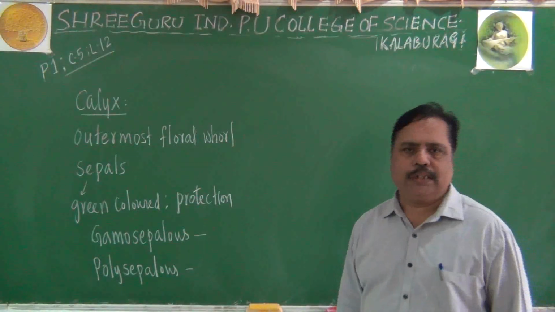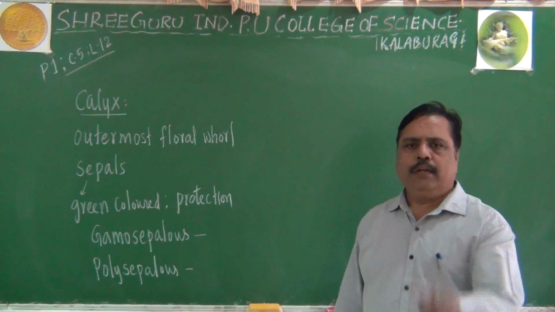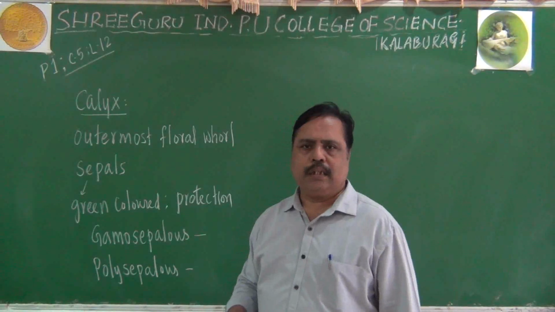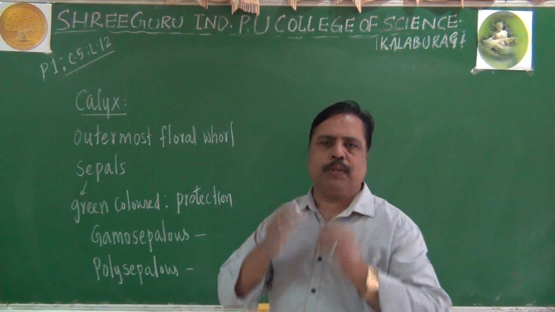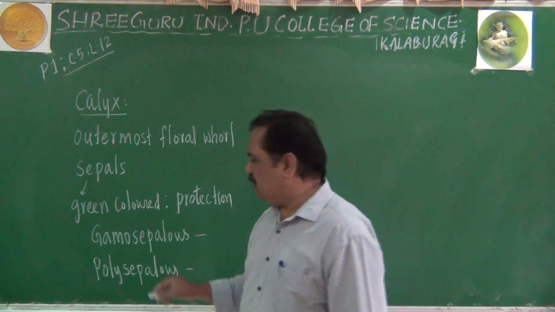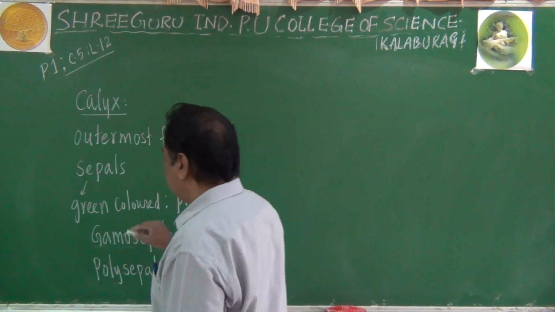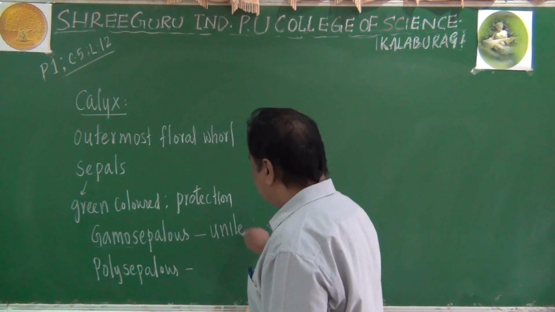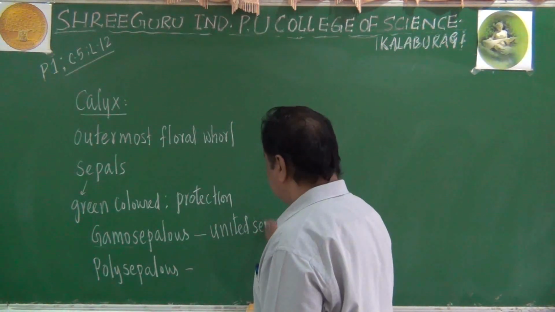Gamosepalous, polysepalous. Please listen. When a flower has got united sepals in it, it will be called gamosepalous. The word gamo refers to united. So the sepals are united in nature.